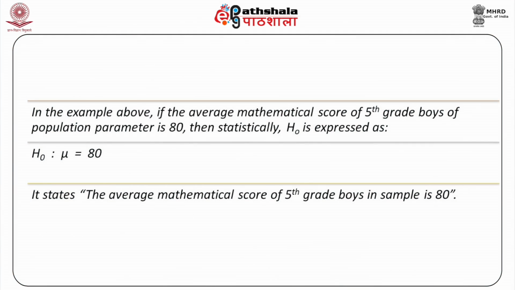In the example above, if the average mathematical score of the 5th grade boys of population parameter is 80, then statistically the null hypothesis or H0 is expressed as H0: mu equals 80.